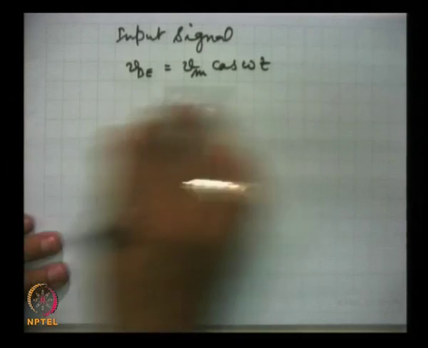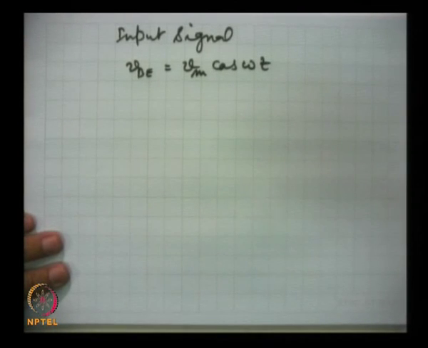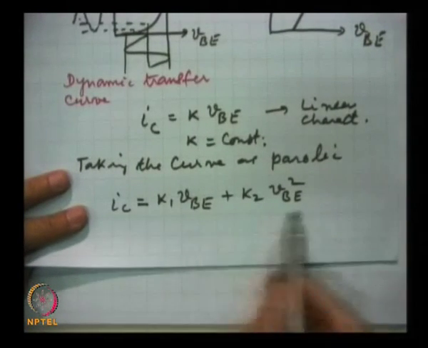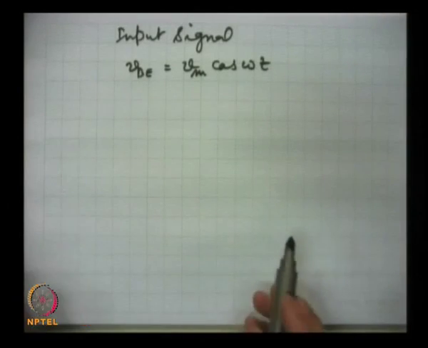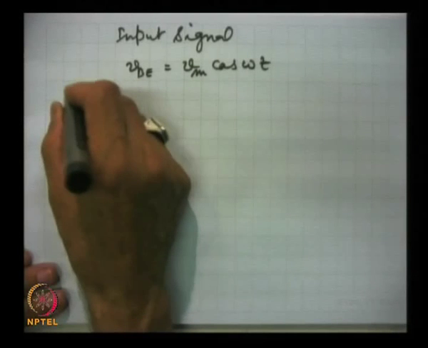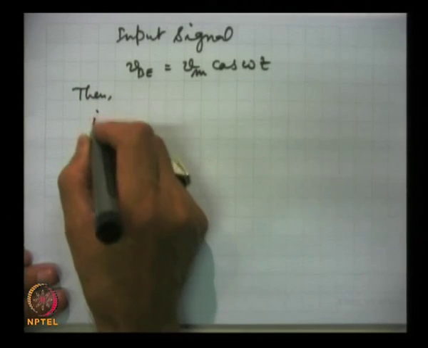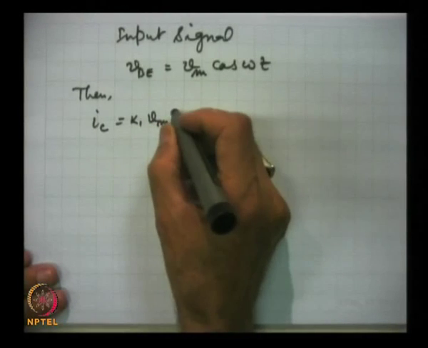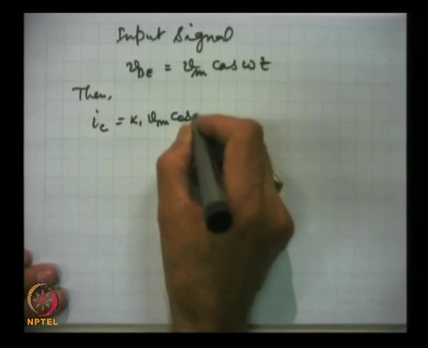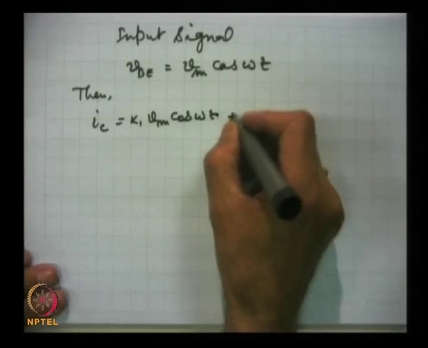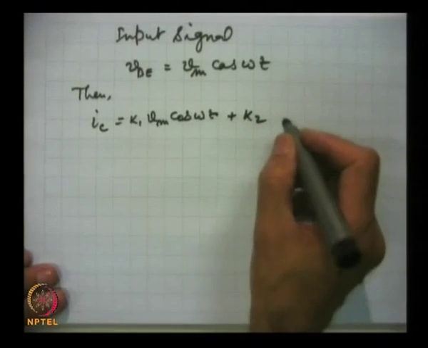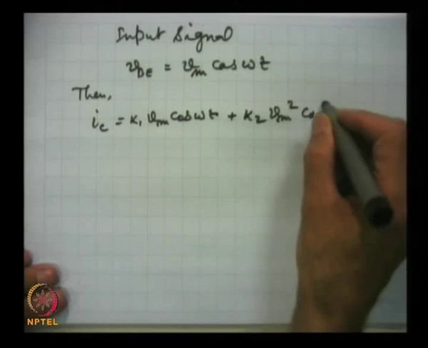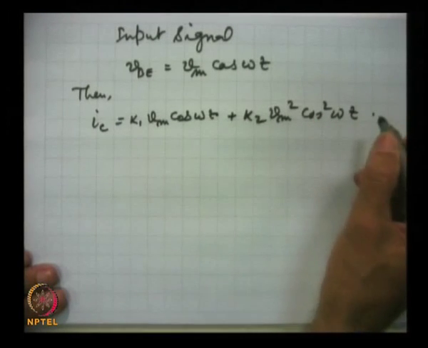If we put this in the equation, we get IC equals K1 Vm cos omega t plus K2 Vm square cos square omega t, where K1, K2 are constants.